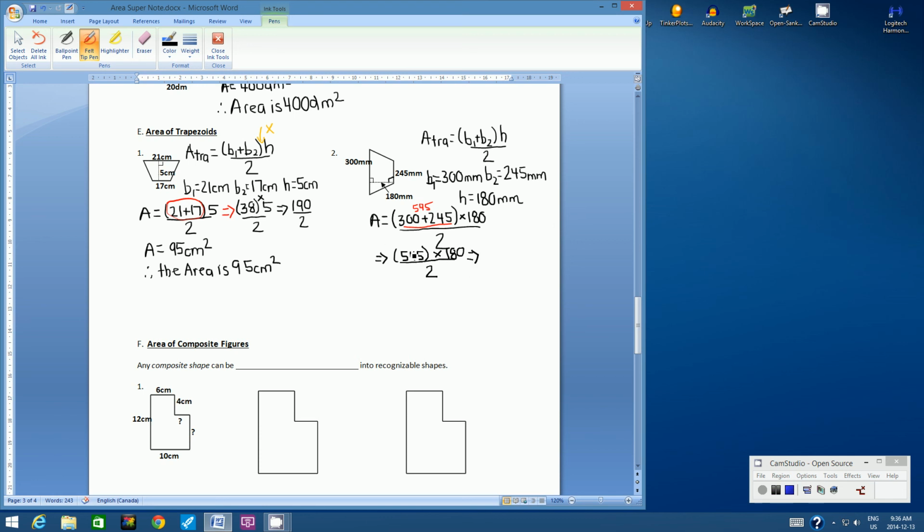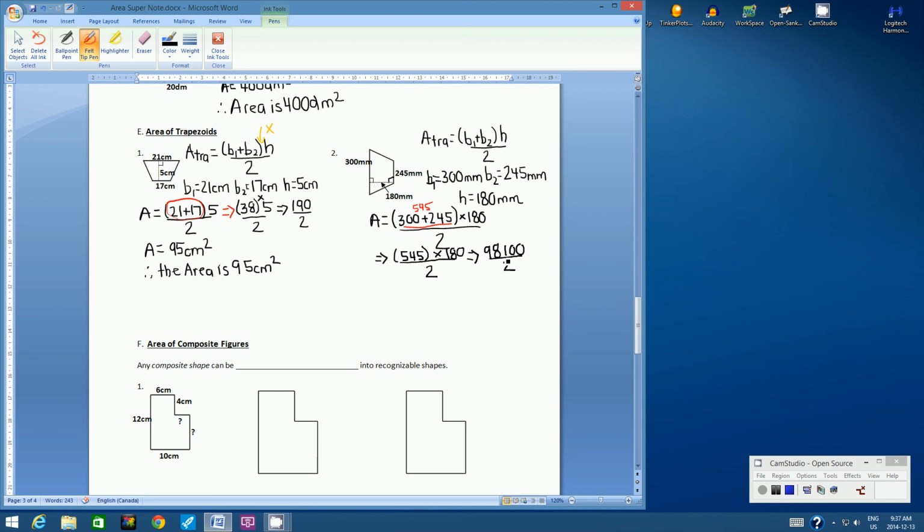Okay, let's find the new numerator. 545 times 180. So using your calculator, solve for that. I got 98,100. Don't forget, we have to divide it by 2.